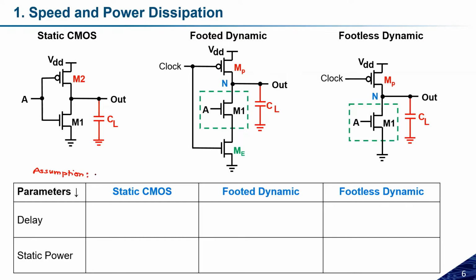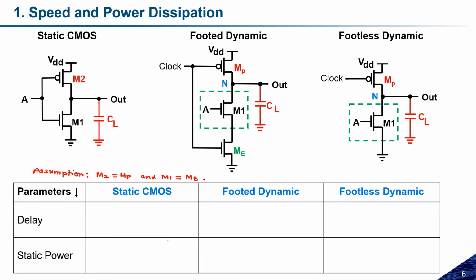The assumption is M2 is equal to MP and M1 is equal to ME. Okay, so this is our assumption, and based on this assumption we are trying to make the comparison of all these things.